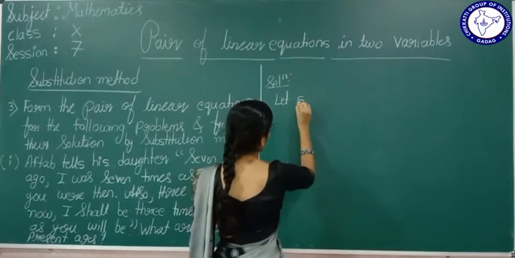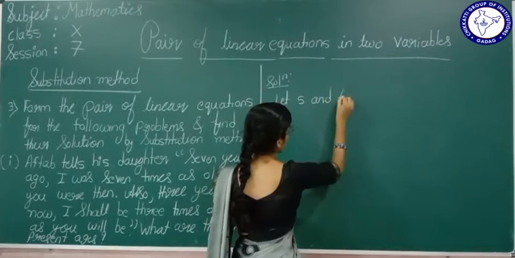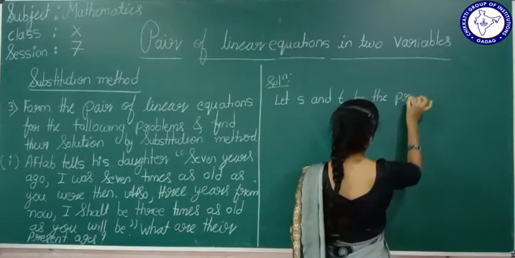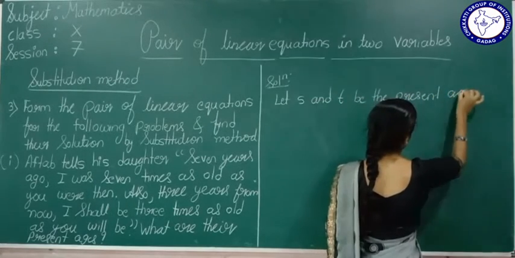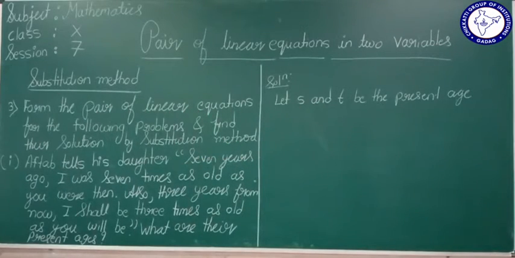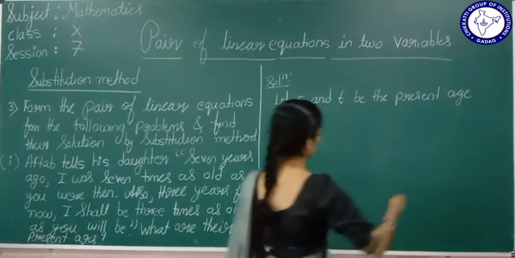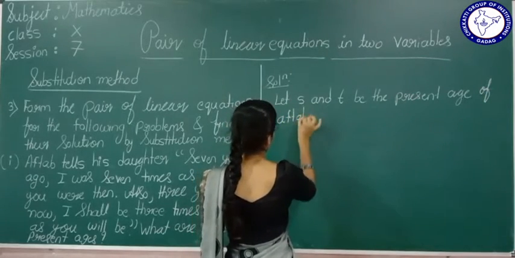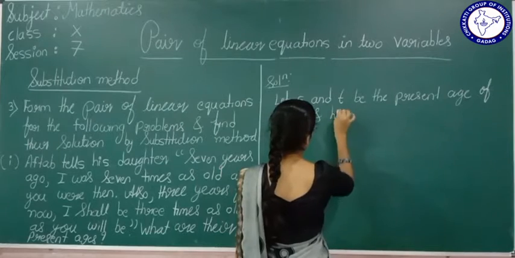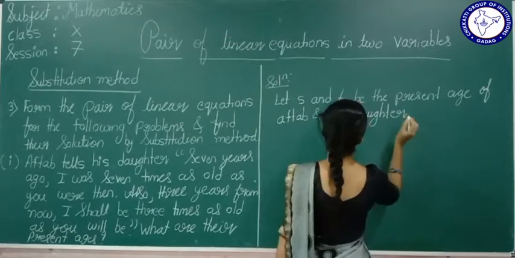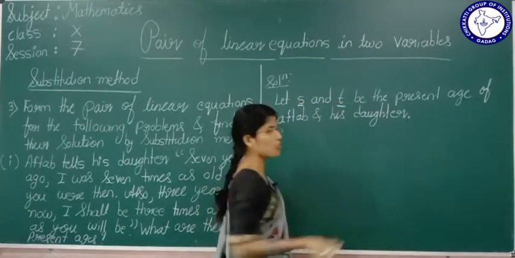So let s and t be the present ages of Aftab and his daughter. Here you can take x, y also, no problem.